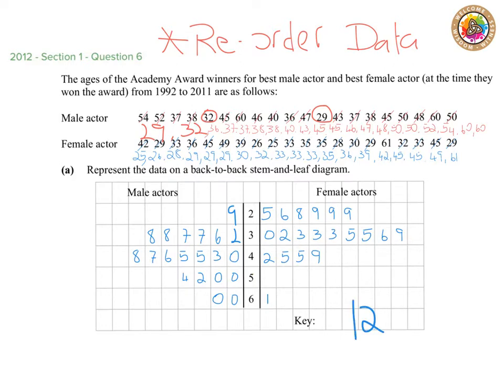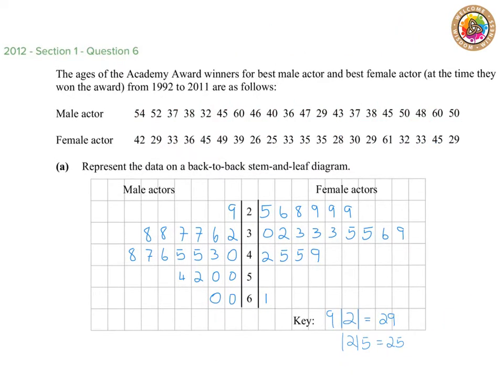I have 2 and a 9, and well, that equals 29. And then on the other side I have 2 and 5, and that is equal to 25, and that's my key. Okay, and so this is what my completed back-to-back stem and leaf diagram looks like.